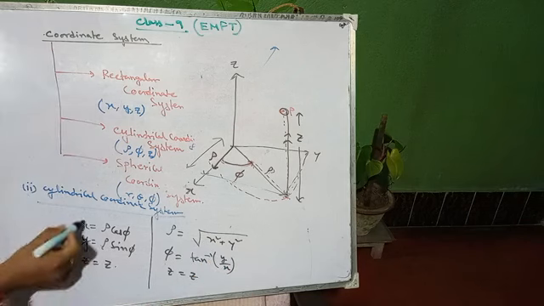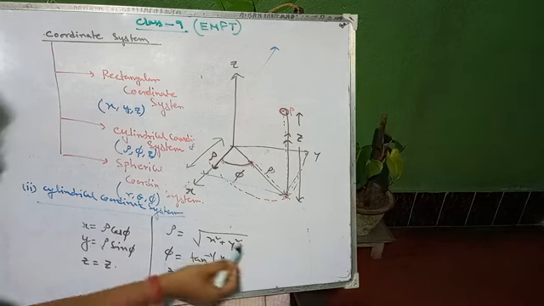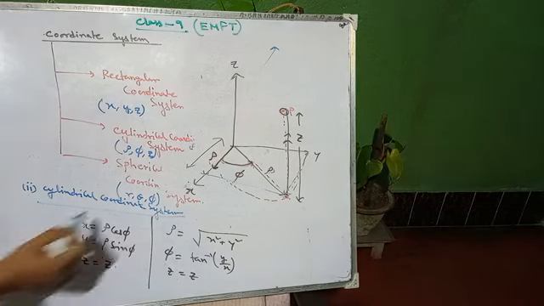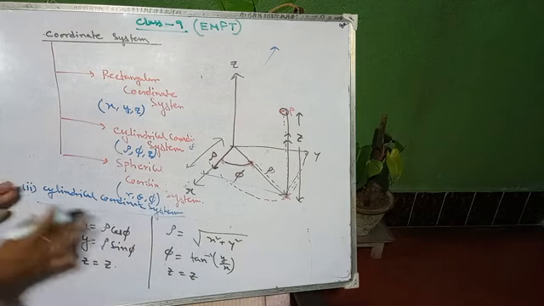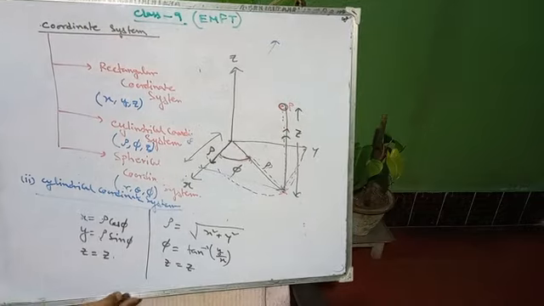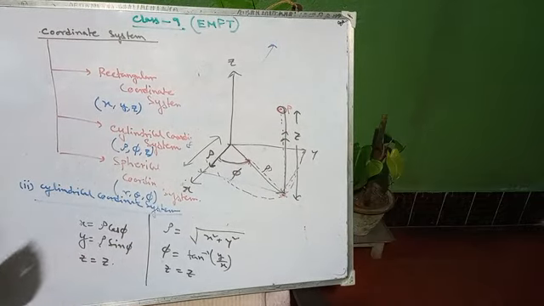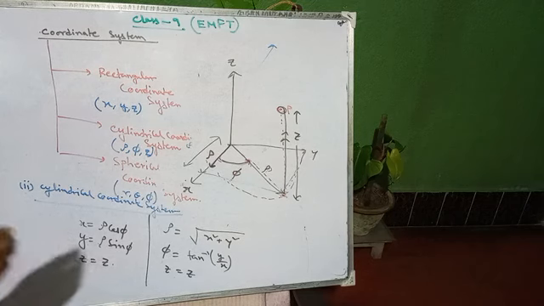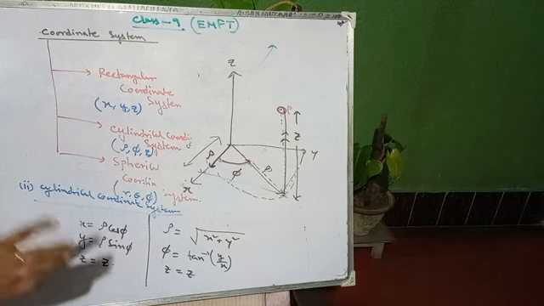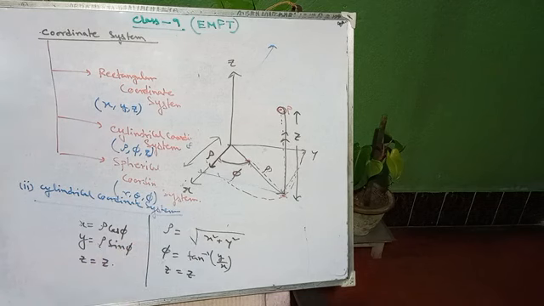Here x, y, z in terms of rho, phi, z, and here rho, phi, z in terms of x, y, z. So this is the relation between the cylindrical and rectangular coordinate systems. Every time in this chapter you have to find this type of relation. These are very small and easy numericals.